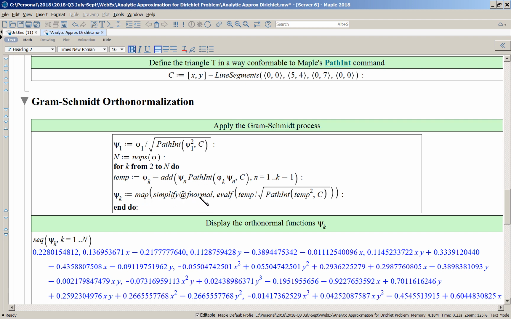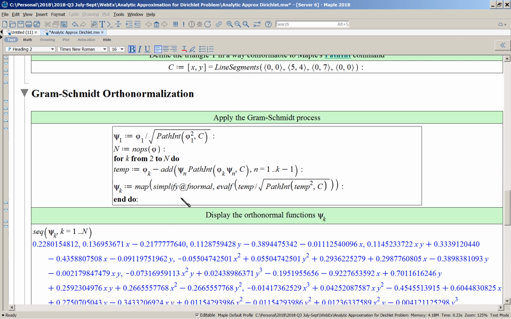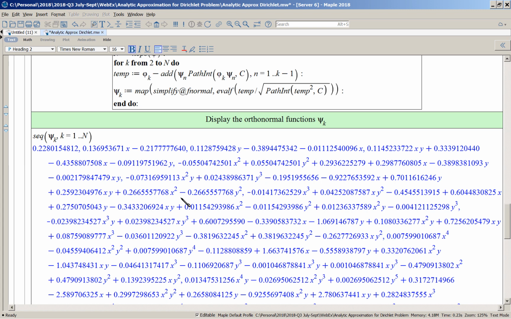And here is the normalization step. And you'll notice that here, because there's floats involved, right here, this is where the floats kick in. This is a rounding function, and then a simplify. So what do these things look like when we're done?